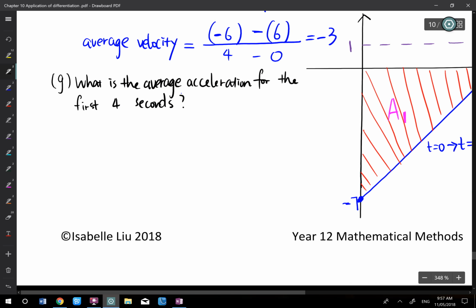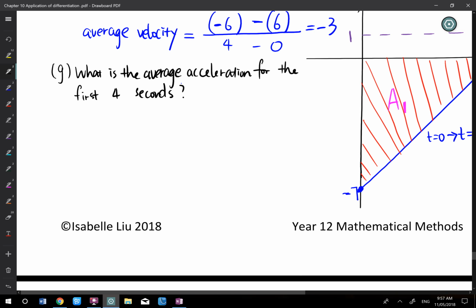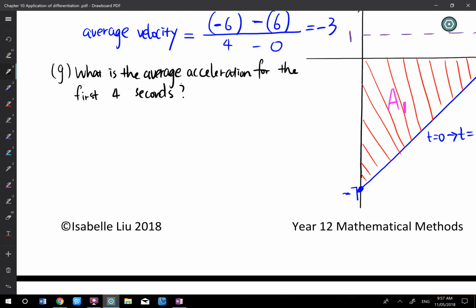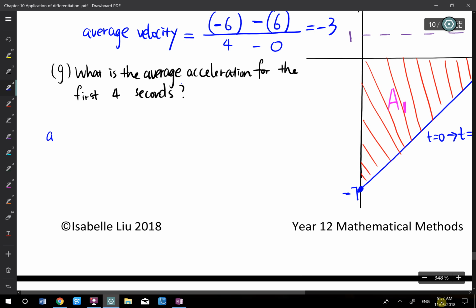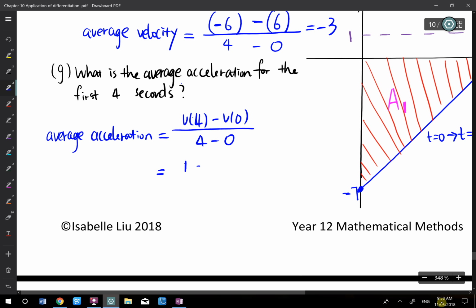Average acceleration equals v4 minus v0, the change in velocity over the change in time. So remember, v4 equals 1 and v0 equals minus 7. Over the 4, we get 2 centimeters per second squared.